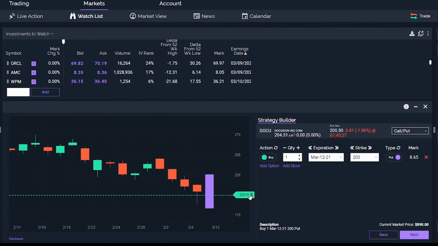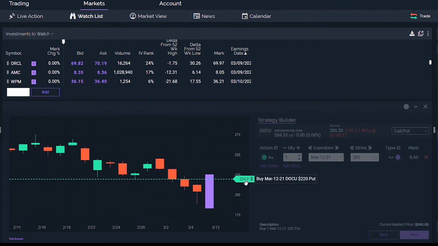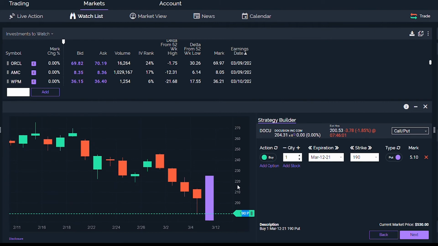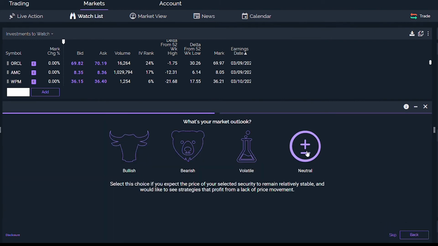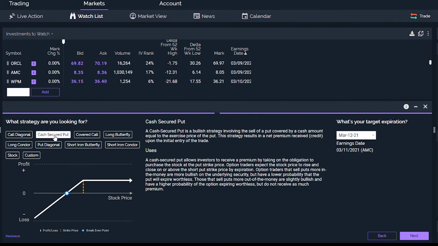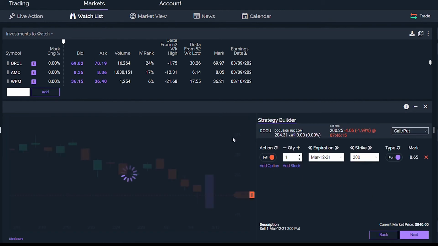Then we'll come to this screen, and it'll set everything up, and we can choose what strike price we want. Go back to neutral, and here we have cash secured put, and this is a little better. I like this.